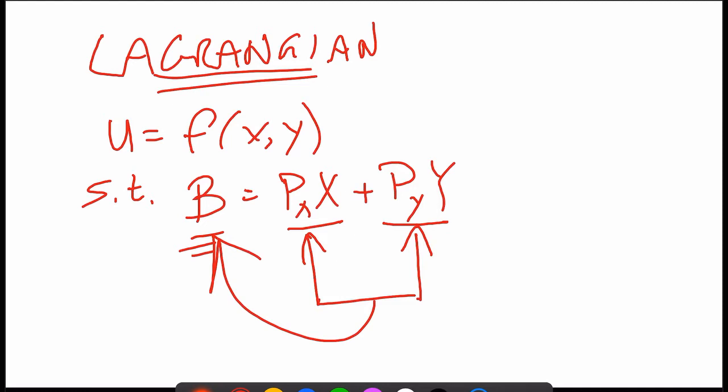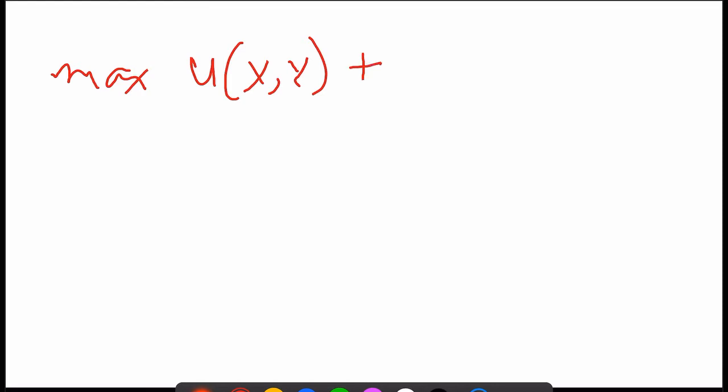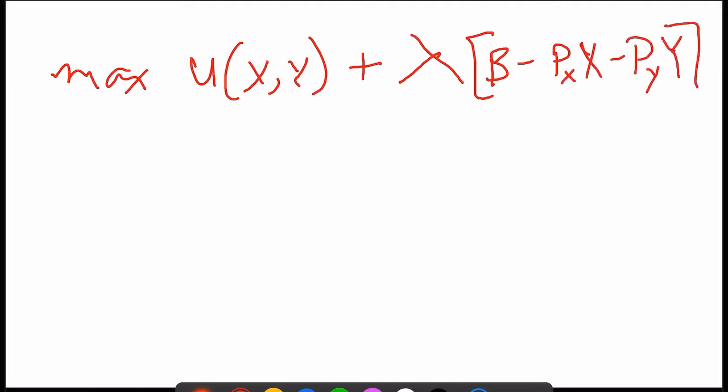Okay? So I'm going to write this out, and I'm going to write it out something like I want to max u, which is a function of x and y, plus a new variable called lambda, times b minus px x minus py y. Okay?